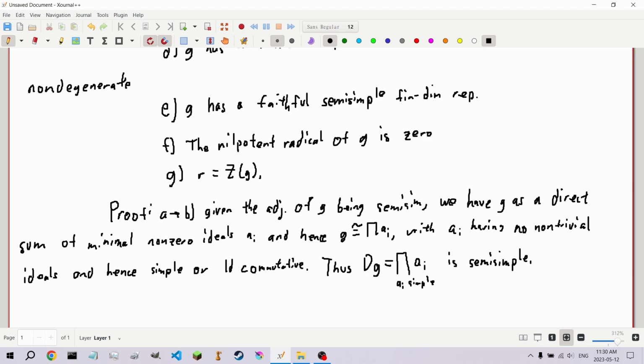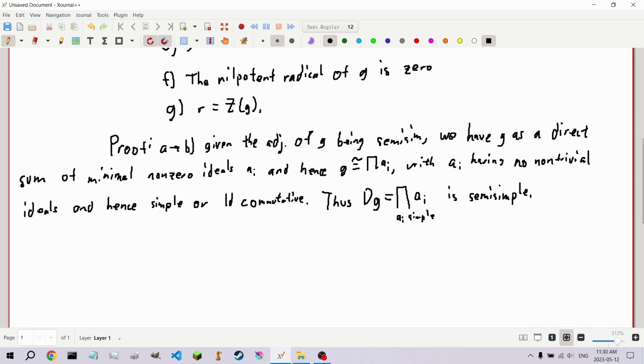Alright, now we're going to assume that the derived algebra of G is semi-simple, and we want to show that G is the product of a semi-simple algebra and a commutative algebra.